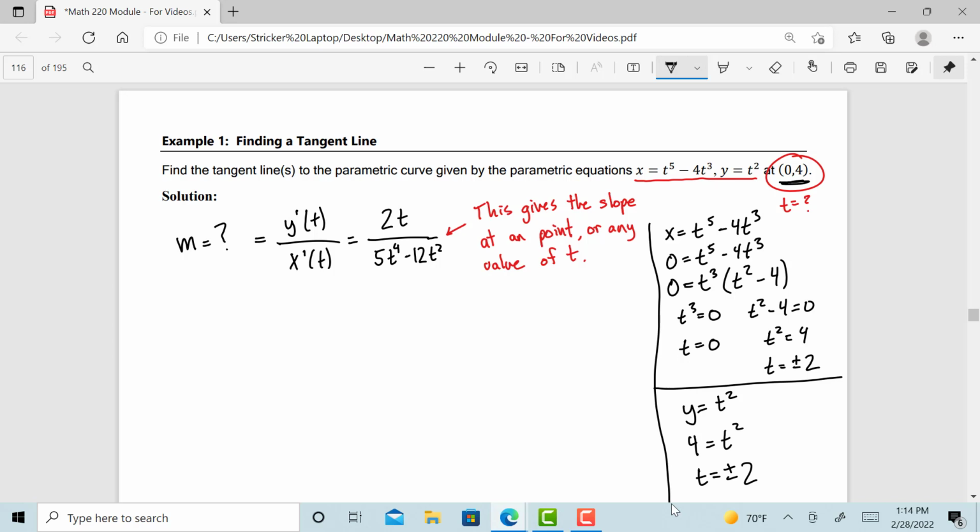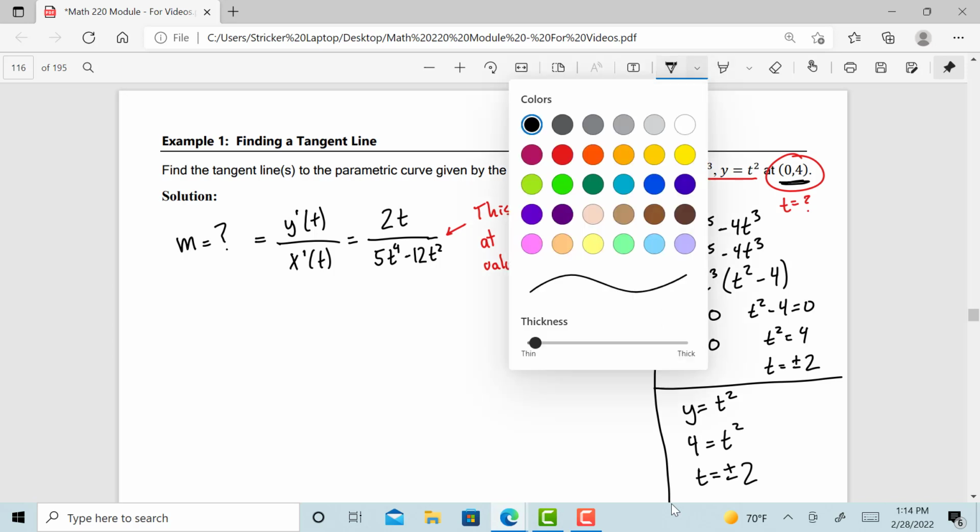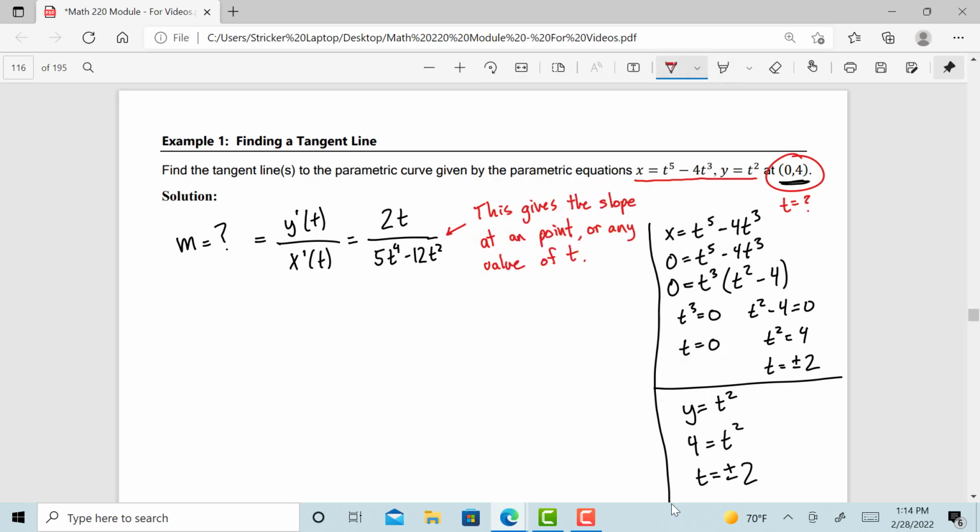So plus and minus 2 satisfies both x and y. 0 only satisfies x, so we're going to throw this t equals 0 out, and we're going to keep plus or minus 2. And so there's actually 2 different values of t that will give the slope at 0, 4.